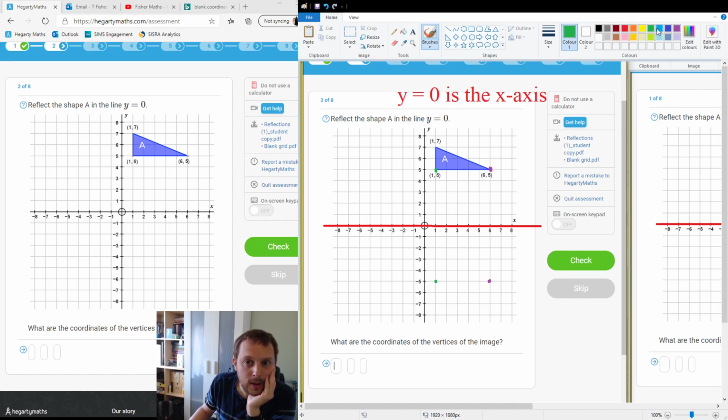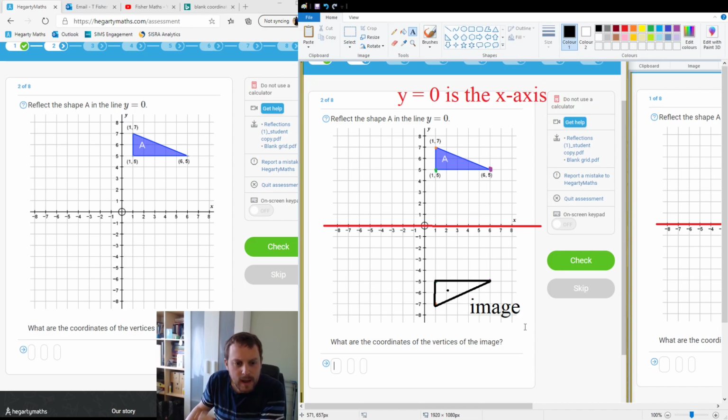And last of all, let's go with that one. This one was 1 along and 7 up. So now it's 1 along and 7 down. And so let me join these up. Not that it actually asks you to do this, but I'll do it anyway, because this is the image. So let me write that.